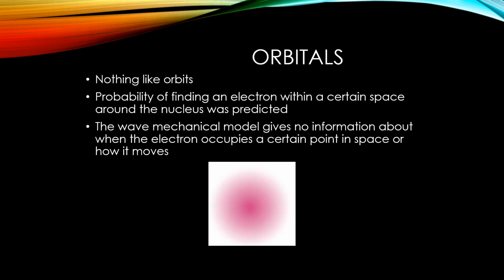So now we're going to shift our focus from Bohr to Erwin Schrodinger. So Schrodinger was the scientist who led the group that was treating the electron as a wave. So he treated the electrons as a wave.